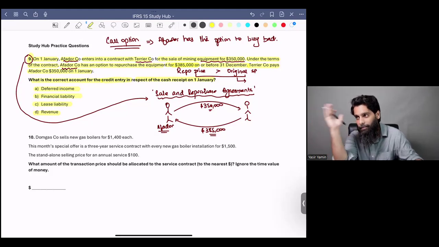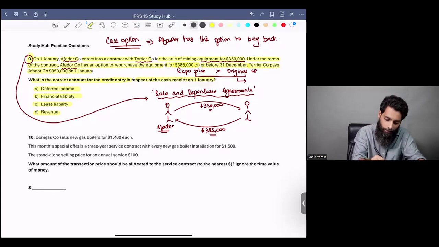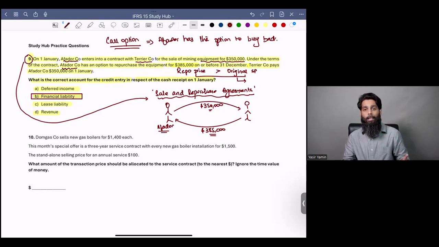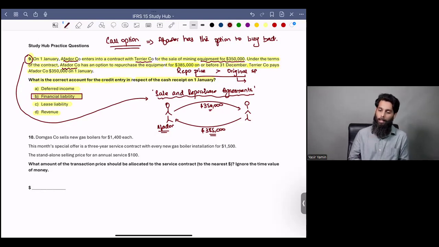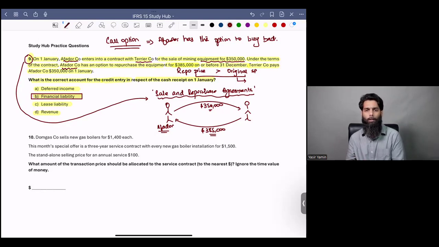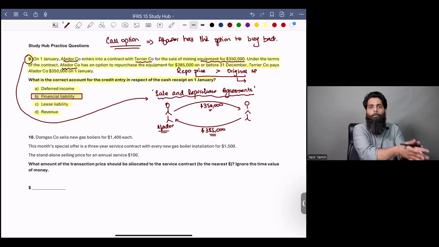Everybody is giving different answers. B. You have the option to buy back a certain good at a price which is higher than your original selling price. It is supposed to be a financial liability. You cannot recognize revenue, because there is no transfer of control to the customer.